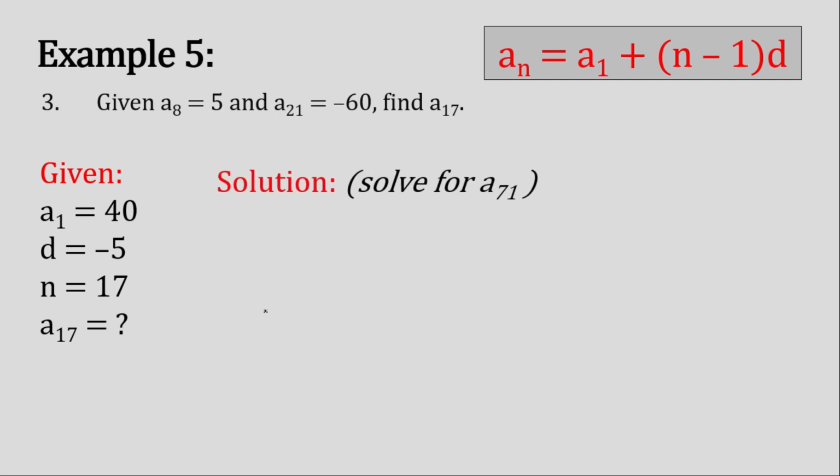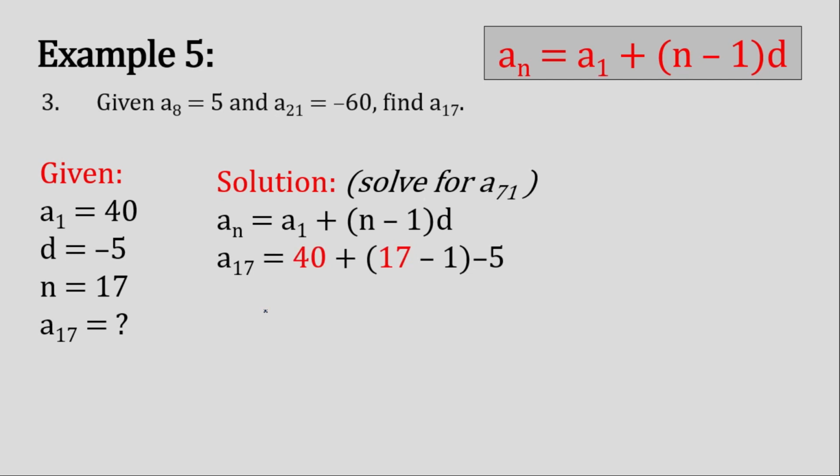So for the solution, let's copy the formula and substitute all the values that we have. Our a sub n is a sub 17, because the value of our n is 17. So a sub 1 is equal to 40, n is 17, and d is negative 5. I forgot to mark this as red, but that's understandable.